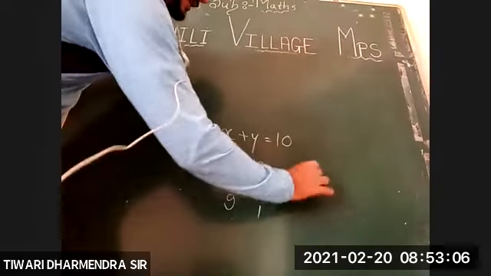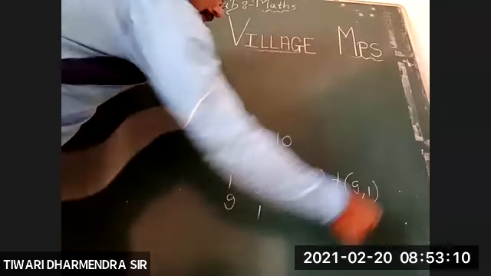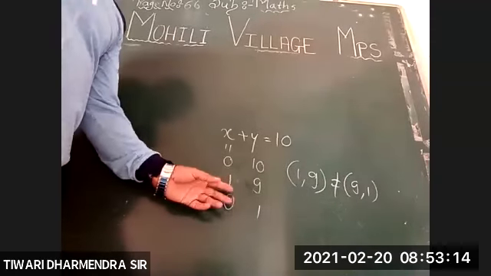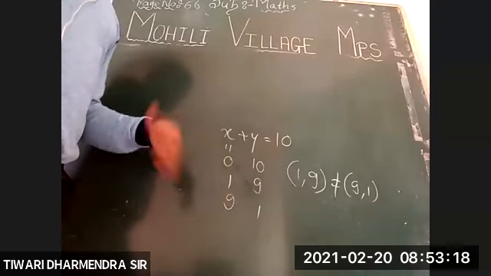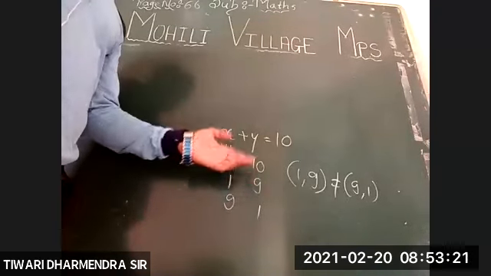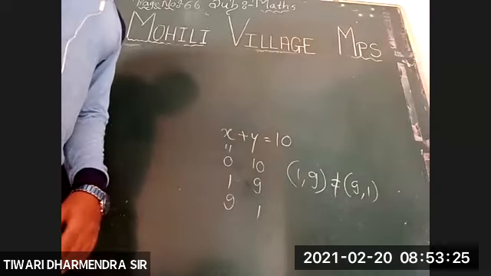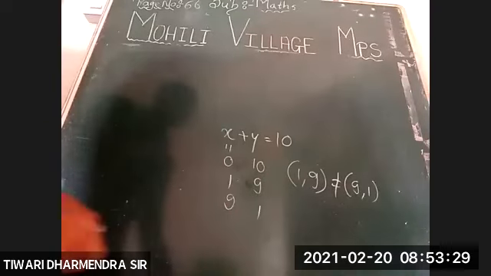1, 9 is not equal to 9, 1. They look similar because the value of x is 1 and the value of y is 9. Next time the value of x is 9 and the value of y is 1. They are satisfying the given condition, but these are two different solutions for the same equation.